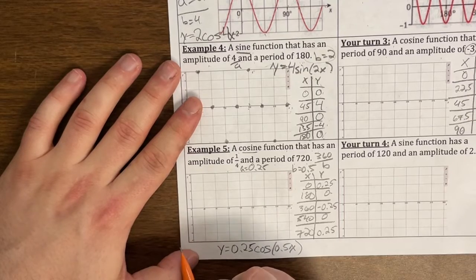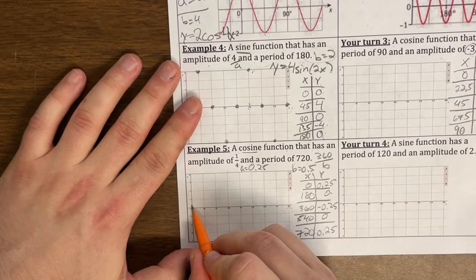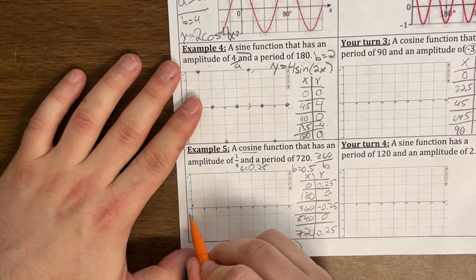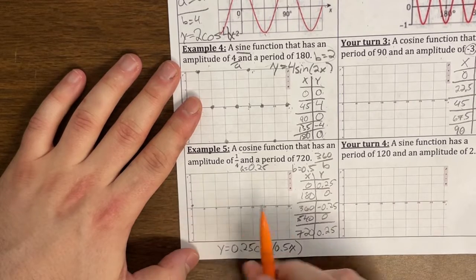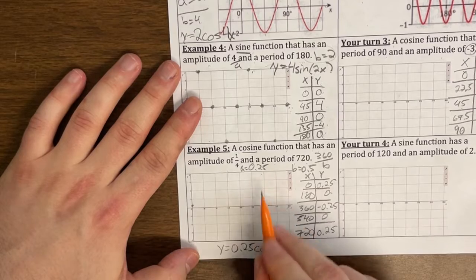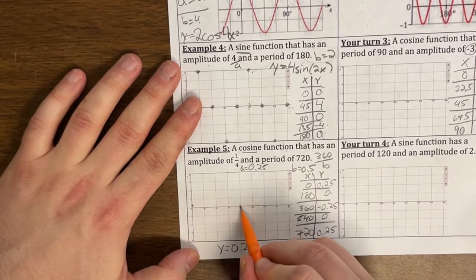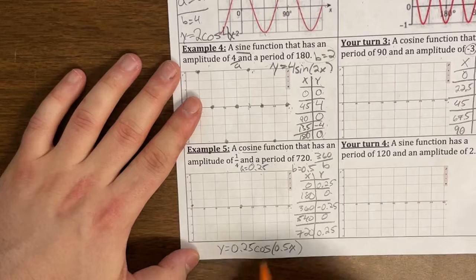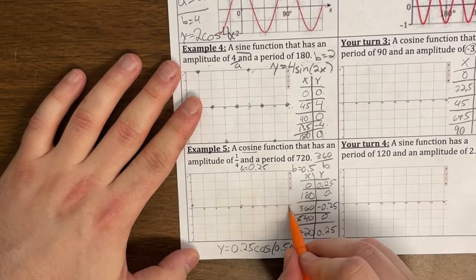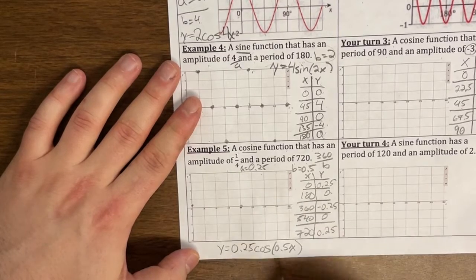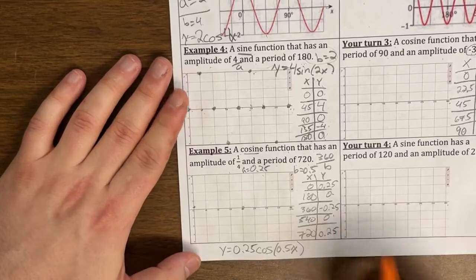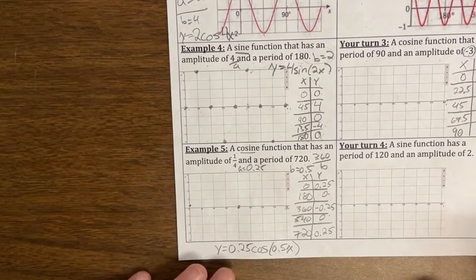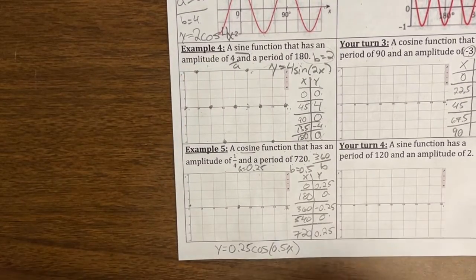It's going to be real tight since we just have a very short graph. When x equals 0, our y value is 0.25. When x equals 180, our y value is 0. And when x equals 360, our y value is negative 0.25. Make sure you can try those out for yourself.